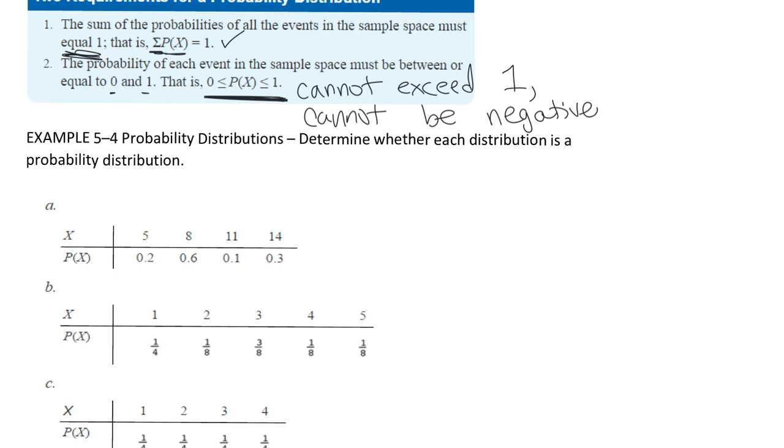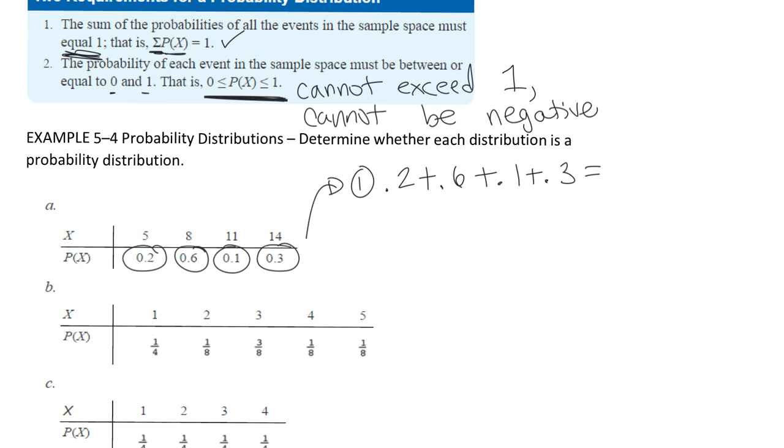Okay, so we are going to answer these questions. Is this distribution a probability distribution? One thing is being able to look at it and say, okay, it is or it isn't. So let's start with letter A. In order for it to be a probability distribution, when I add these numbers together, it has to equal 1. So I'm going to show you 0.2 plus 0.6 plus 0.1 plus 0.3.